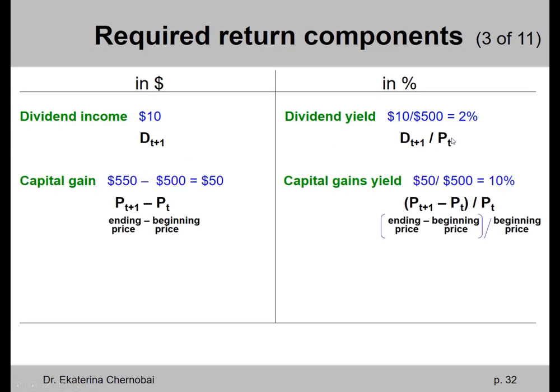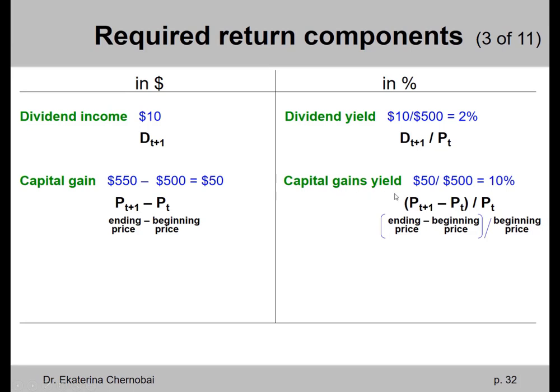Now, in our problem, that wasn't the only source of our income. We also made money because the price went up. The price per share went up. That's capital gain. So we paid $500, but then 1 year later, we sell the share for $550, right? So our capital gain is the $50 difference.